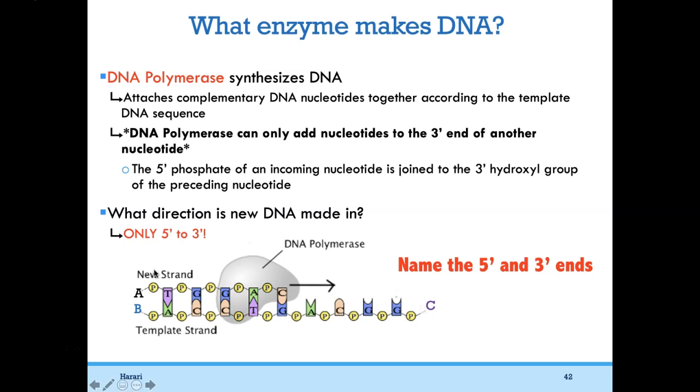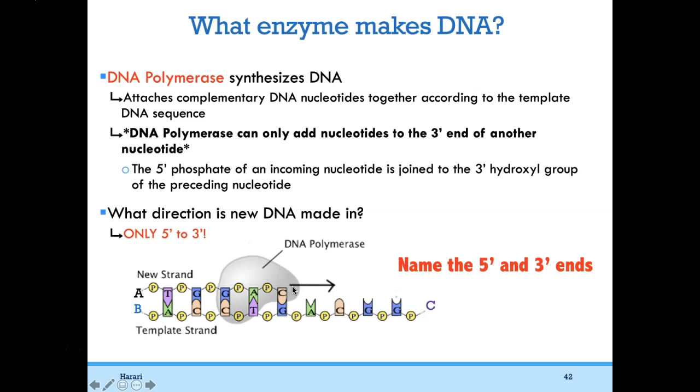So this lower strand is the template strand, right? And the new strand is being added one by one, and this was the most recent nucleotide added. Since this is added most recently, we know this has to be the 3' end over here.